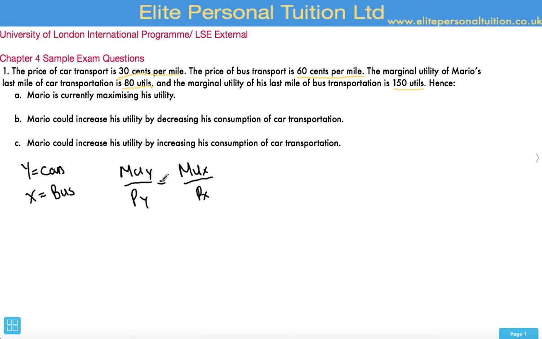So what we're going to do is just sub into this formula. And what we find is that 80 over 30 does not equal 150 over 60. Therefore, he is not maximizing his utility, as this condition does not hold.